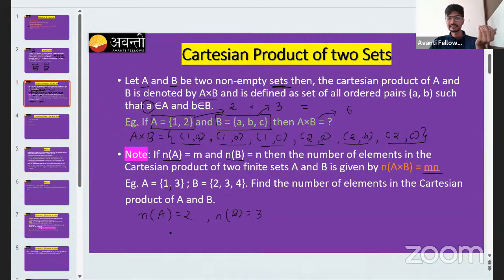Then the number of elements in the Cartesian product, n of A cross B, where A cross B is the notation of Cartesian product, will be 2 into 3, just multiply, which is equal to 6. So my answer is 6. Now, let us go through more questions.